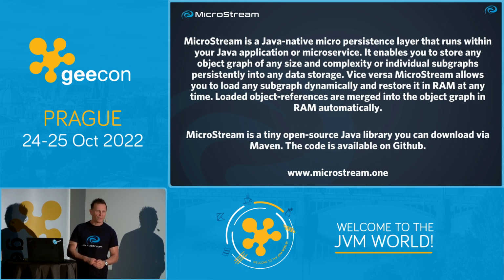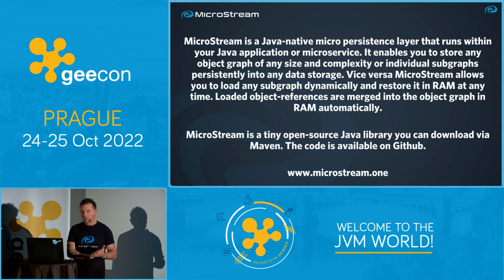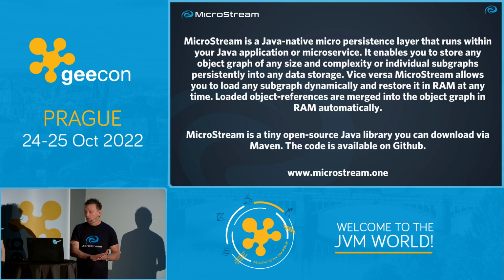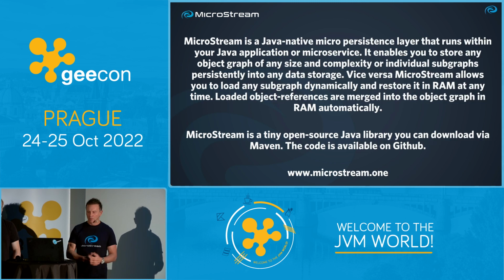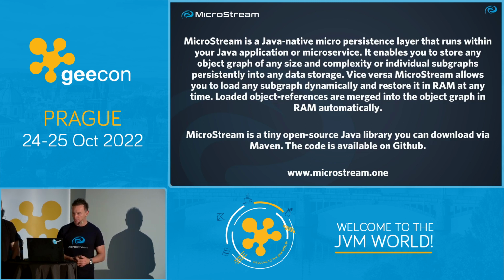The loaded object references are merged directly into your object graph, so you don't have to deal with object copies. It's a fully object-oriented programming model, which means you just have to call get and set methods. That's it. No more classic selects are required. No more query languages required.